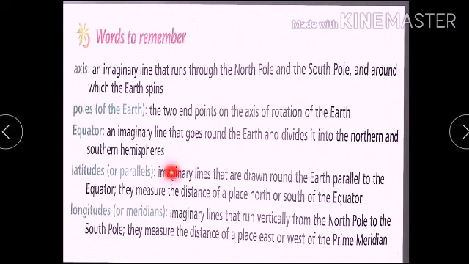Latitudes or parallels are imaginary lines drawn round the Earth parallel to the equator. They measure the distance of a place north or south of the equator. Longitudes or meridians are the imaginary lines that run vertically from the North Pole to the South Pole. They measure the distance of a place east or west of the prime meridian.